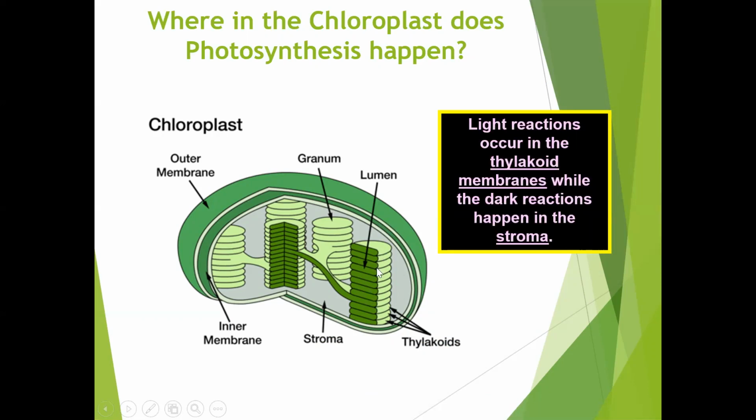A stack of pancakes is called the granum, and then the stroma is like the syrup. So I think stroma and syrup. It's going to surround the granum. So the light reactions are going to occur in the thylakoid membranes or the granum. And then the dark reactions or the light independent reactions are going to occur in the stroma.